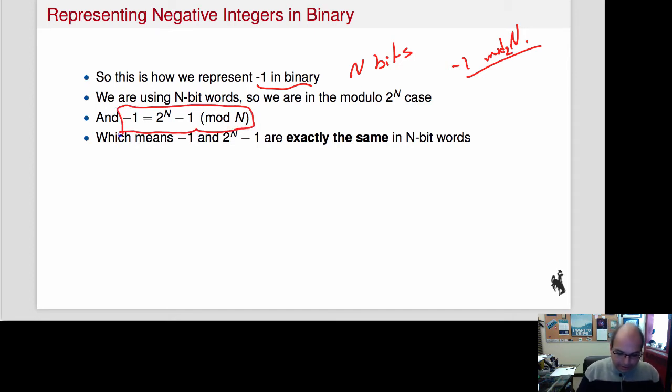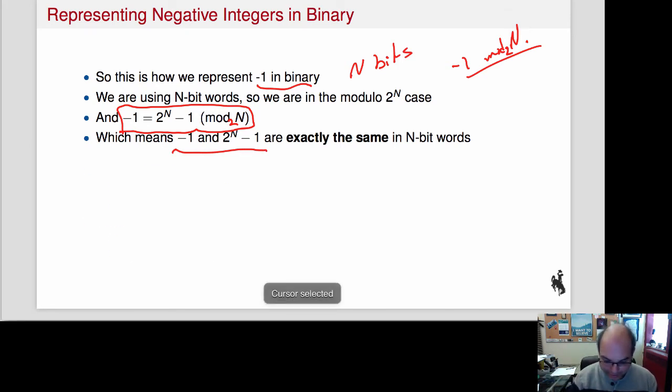There's a real simple reason for that. 2 to the n is the same as 0, modulo 2 to the n, so -1 plus 0 plus 2 to the n should actually be the same thing. So -1 and 2 to the n minus 1 are exactly the same when I treat them as n-bit words.